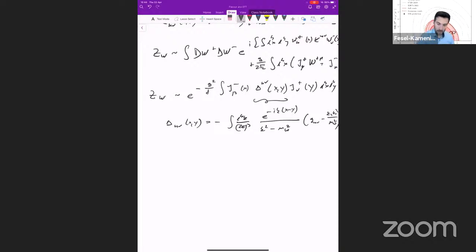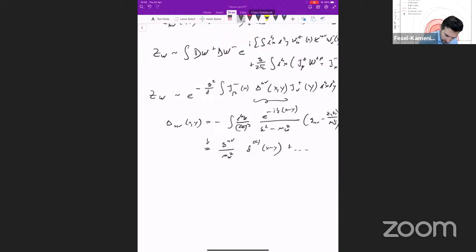Okay, now, having the generating functional in this form, we can perform an expansion in 1 over m_W. Expanding in 1 over m_W, we obtain for the propagator g mu nu over m_W squared times the four-dimensional delta function x minus y, plus higher order terms in this expansion.